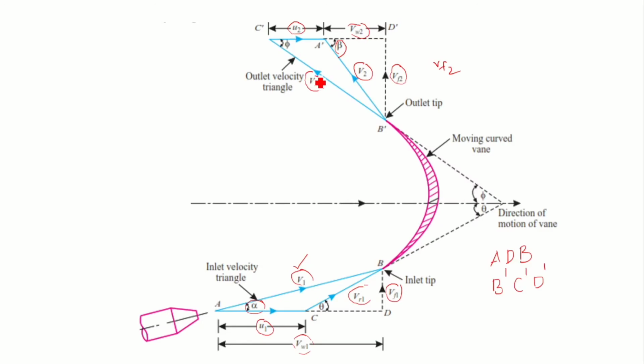So the relative velocity at outlet makes an angle of phi. These angles are taken with respect to the direction of motion of the vane. So these are the velocity triangles of a curved vane.